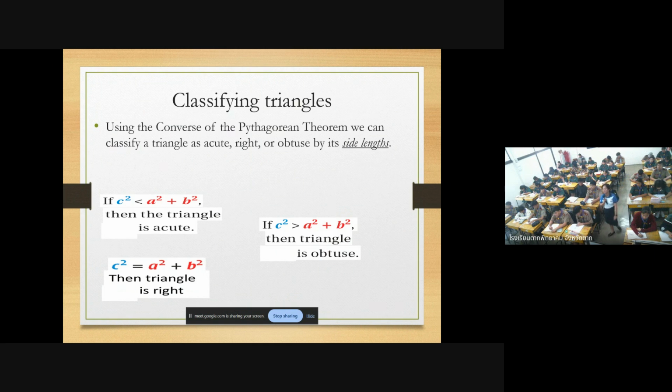So that is the converse of the Pythagorean theorem. Finished? 2 minutes.